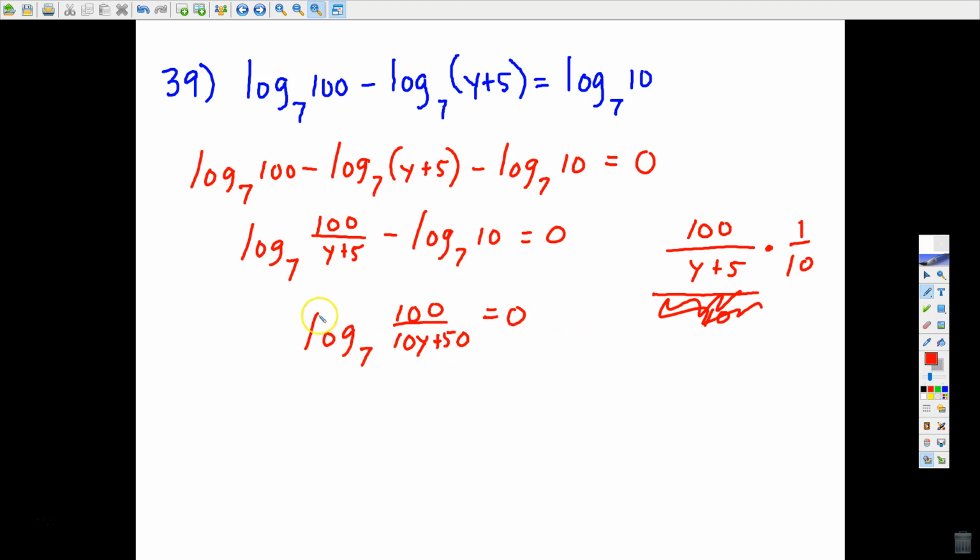Okay, and once you're into single log form like we are, now you're ready to convert into exponential form. So the base of the exponent will be 7, the exponent will be 0, and we're going to let that equal this fraction 100 over 10y plus 50. Okay, well this is just 1, of course.